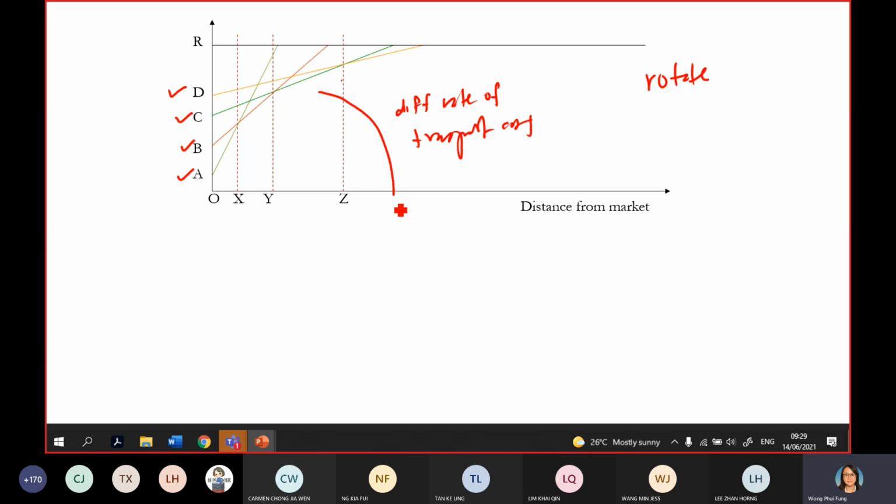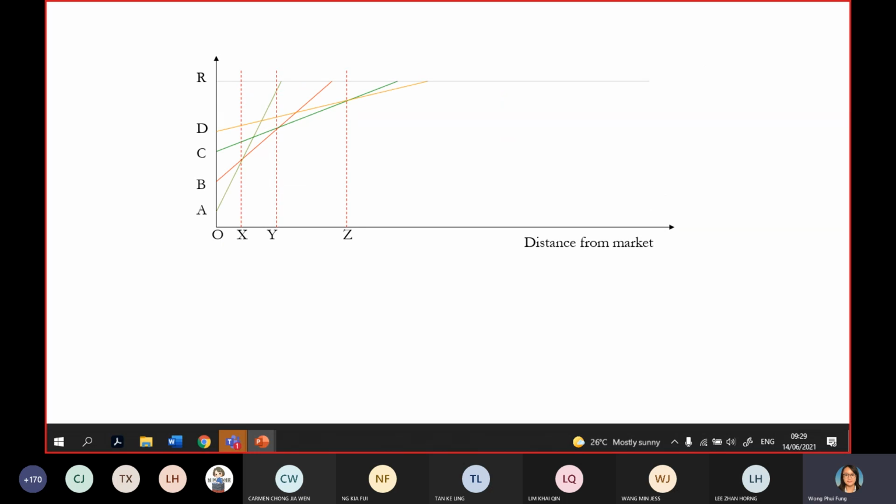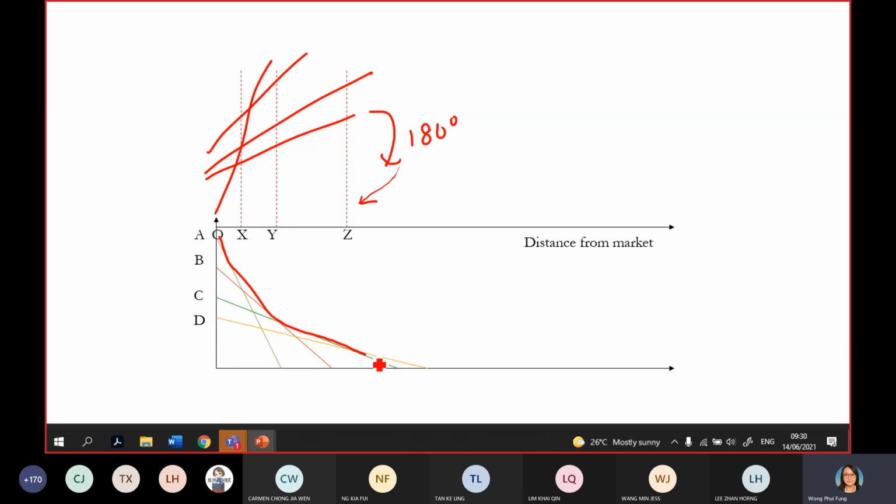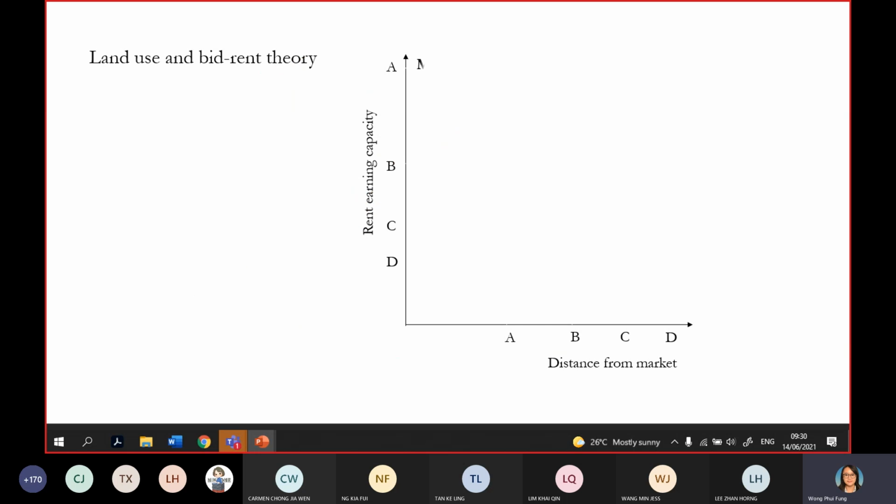When we rotate this 180 degrees, just now it was like this, correct or not? So when we rotate 180 degrees, your line will slope downward until you will see it form a curve like this, which is the next slide. This is what we call market rent.